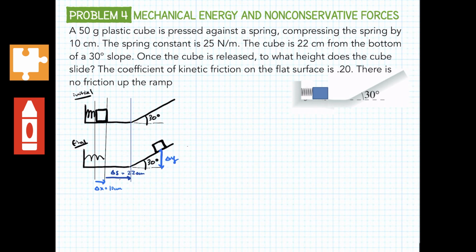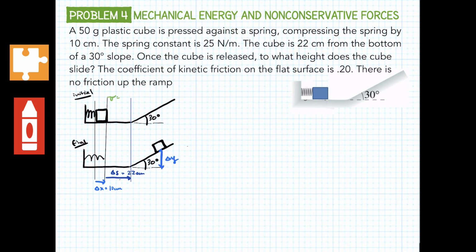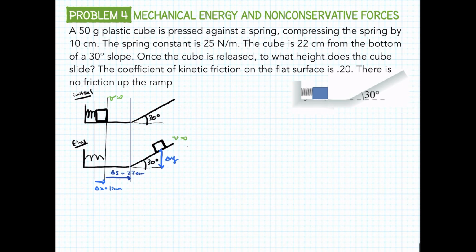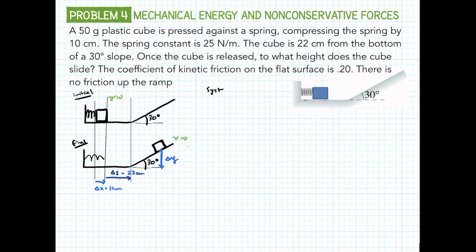We also know that at both of these spots, velocity is equal to 0, so there's not actually any kinetic energy happening. So we're going to pick our system, block plus surface plus spring, so that there are no external forces, and friction and spring are included.